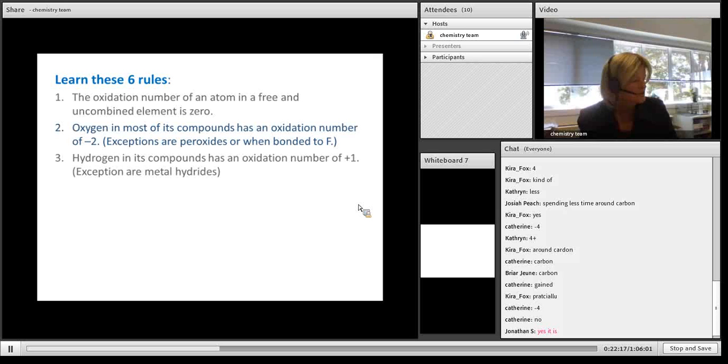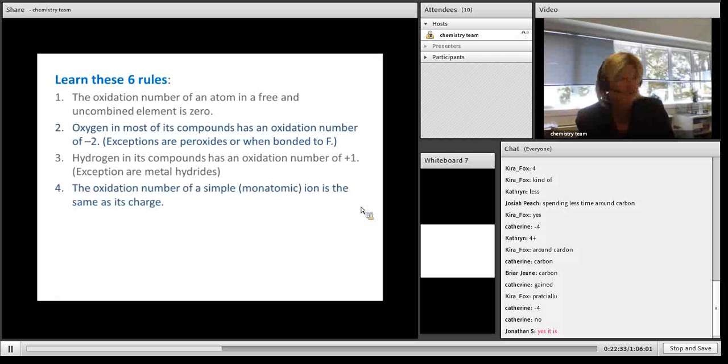Hydrogen in a compound, so not hydrogen by itself, will have an oxidation number of +1, and that's because it tends to lose an electron or have it taken away because it's not very electronegative. There is an exception of the metal hydrides, which you don't come across this year. If you carried on with chemistry at university, you will.